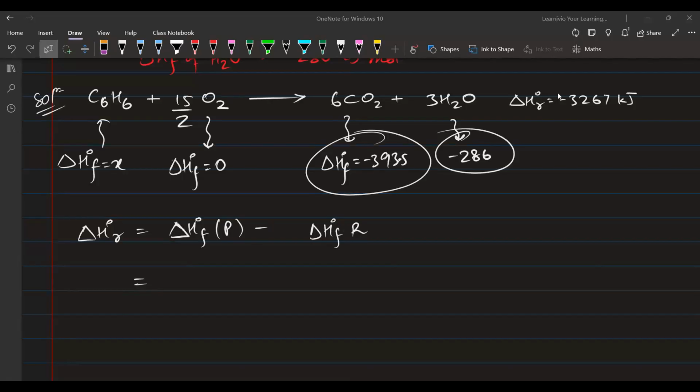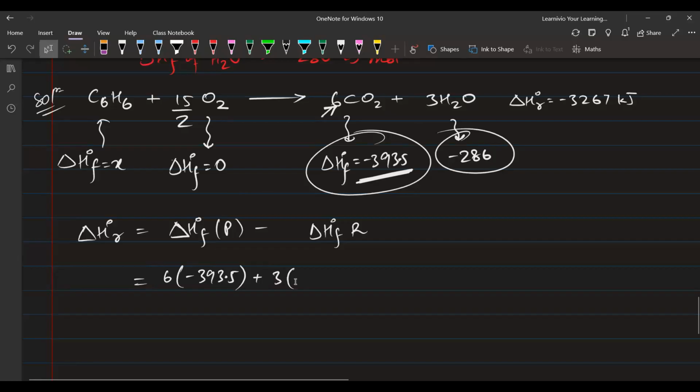So I have to consider 6 CO2 here also, because when we are forming one mole of carbon dioxide, by the definition of enthalpy of formation when one mole of substance is formed, this data tells me about the enthalpy of the formation of one CO2. In this reaction, we are forming 6 CO2. So I will multiply this number by 6. It will be basically 6 into minus 393.5 plus, in the product we have water also.